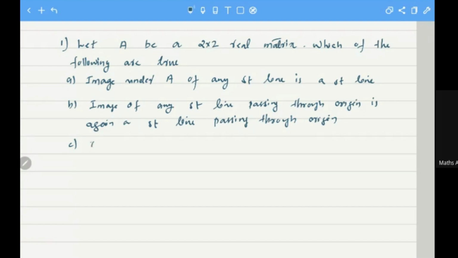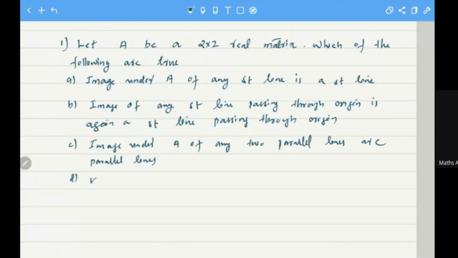C: the image under A of any two parallel lines are parallel lines. D: or perpendicular lines.